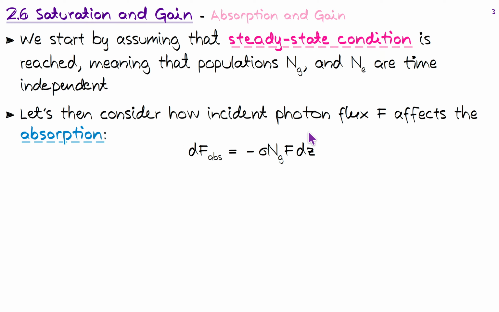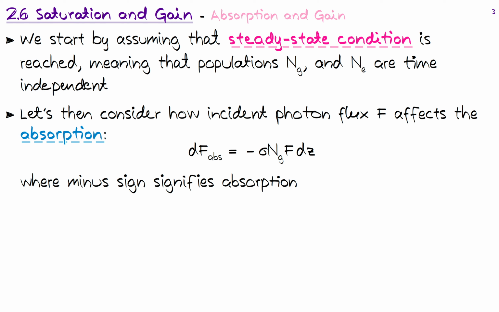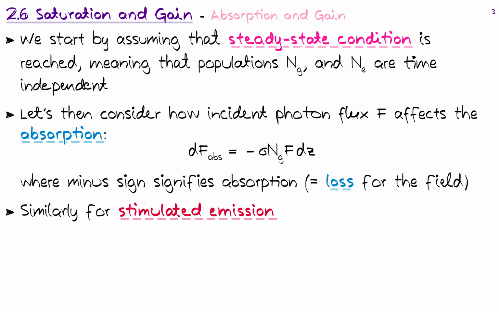We can write it in these terms. So we have the absorption cross-section, the population of the ground state, the incident photon flux, and then a differential length of our gain media. So this is how absorption takes place and how it changes the photon flux. The minus sign here, of course, signifies that the absorption is loss for the field.